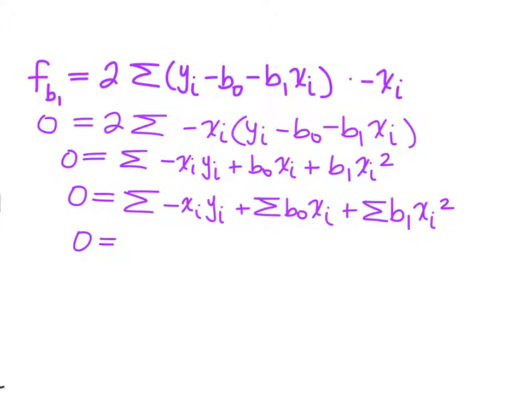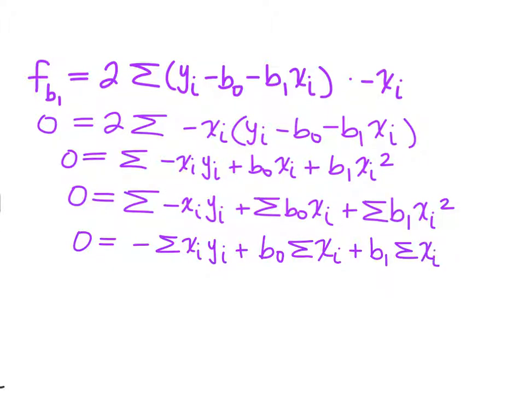So negative sum of x sub i, y sub i, plus b sub 0 times the sum of x sub i, plus b sub 1 times the sum of x sub i squared.